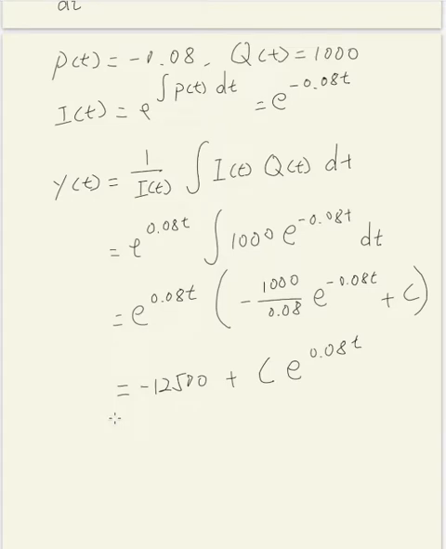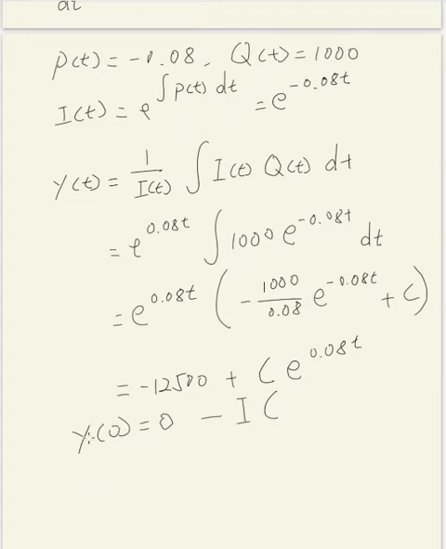Alright, and this problem has a hidden initial condition, which is since t is the number of years since you started the trust fund, then at year 0, before you put any money in it, the balance should be 0, right? So we have y of 0 equals 0. This is the initial condition.